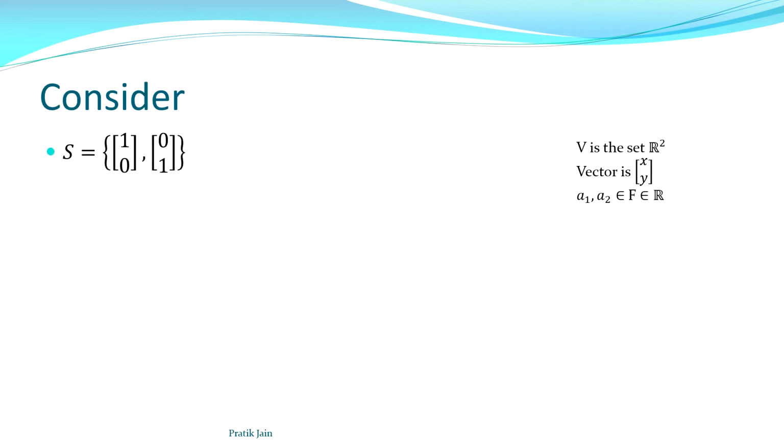Now consider this. Say I have S. Again, my vector space is R2. A vector looks like this, and these are in the field. Now consider I have a set of two vectors. This is my first vector, this is my other vector, and I call the set S. Now I can multiply this with a scalar a1 and this with a scalar a2, and then I'll get some x.